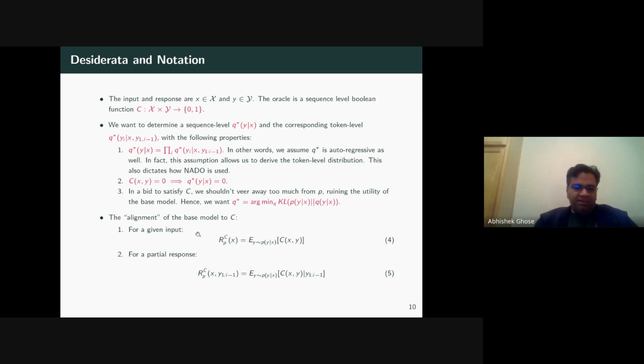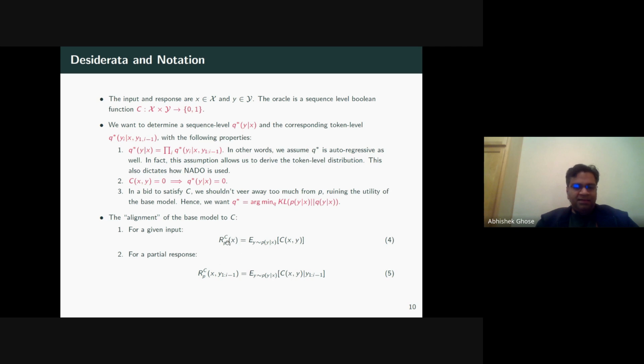Okay. So two more notations, and then we will jump into why NADO works, or how NADO works rather. So here we now calculate. If you remember, one of the problems with FUDGE was I said we don't know whether the base model is aligned to the constraint in the first place, right? So in NADO we explicitly calculate these quantities. So there is this quantity r, and there is this prefix p that says that this is being calculated for the base model, and the superscript c is for the constraint.